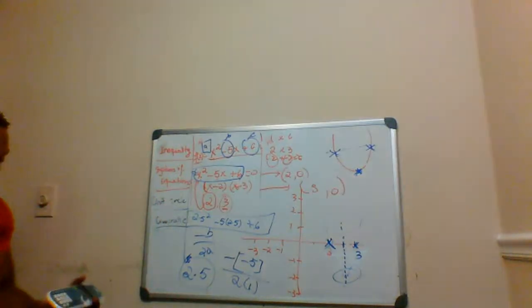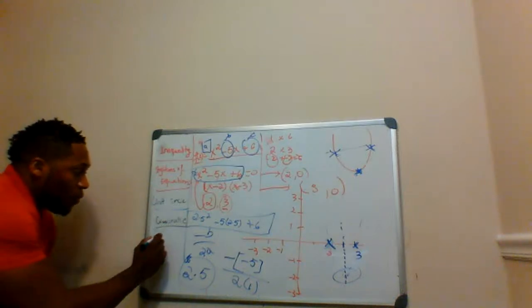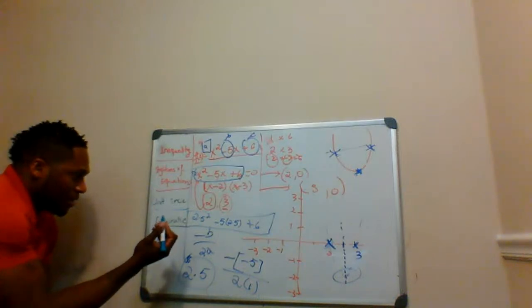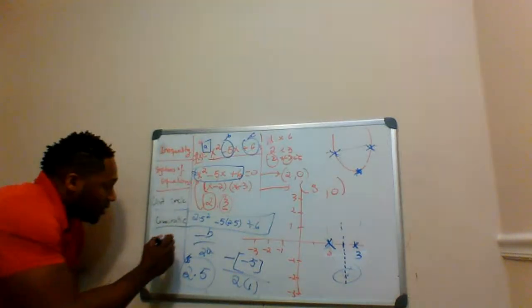When I plug it in the calculator, it gives me negative 0.25, like a quarter. So I know the x value is 2.5, and that's the one I plug in. The y value is negative 0.25.